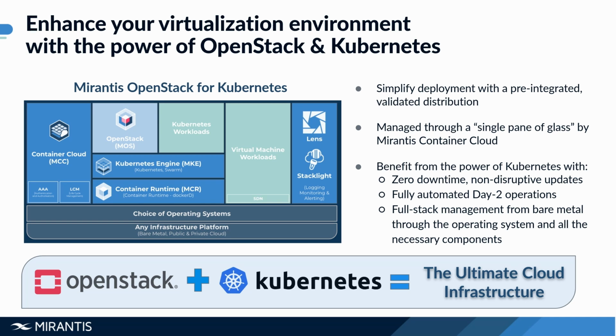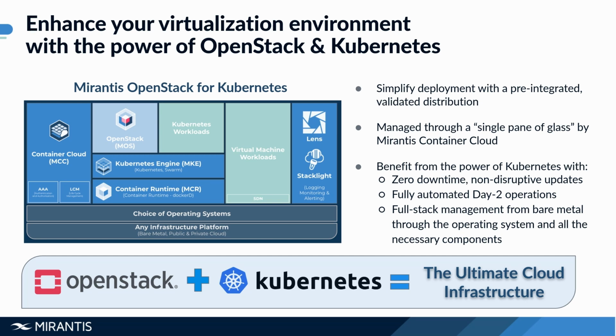The broader OpenStack offering can be managed through a single pane of glass from an offering called Mirantis Container Cloud. This gives you a single view into your overall OpenStack infrastructure, as well as potentially a Kubernetes-based container infrastructure if you're starting to migrate towards cloud native.